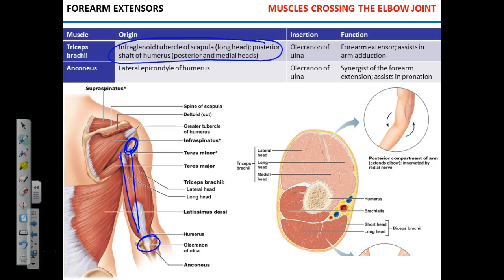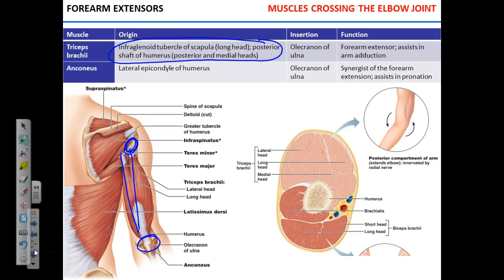Okay, actually, no, let's do this. We'll finish extensors and flexors, and then we will take a break, and during the break I will pull out those muscles of the leg and the arm, okay? It extends the forearm.